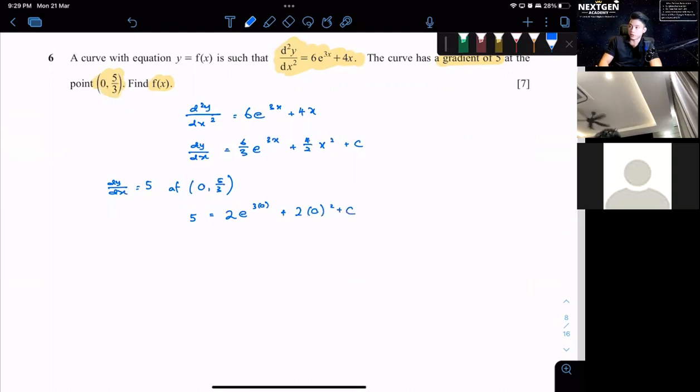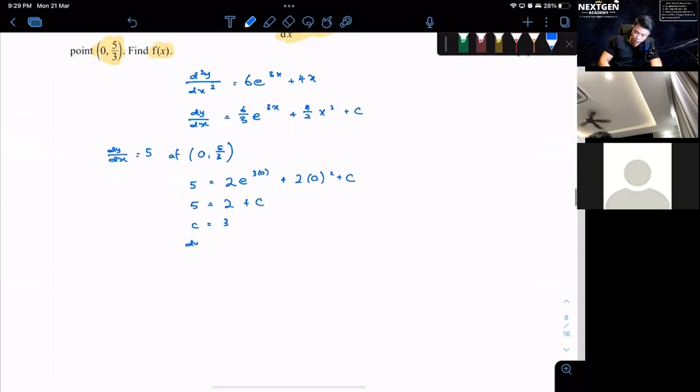This is how I get my c value. Okay, we will get 5 equals 2 plus c. Therefore, c is equals to 3. Okay, so dy over dx is 2e to the power of 3x plus 2x squared plus 3.